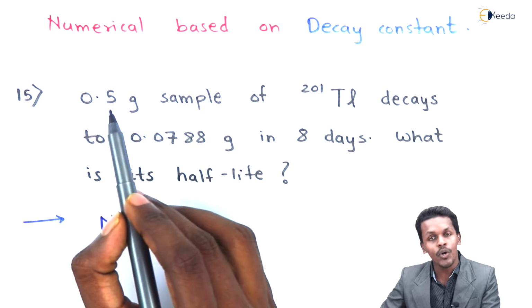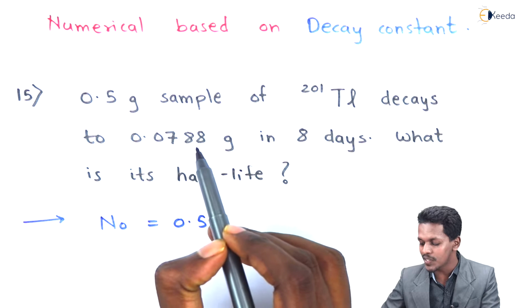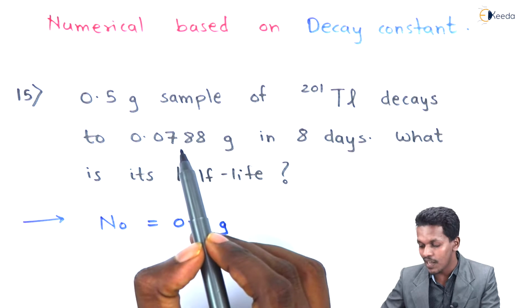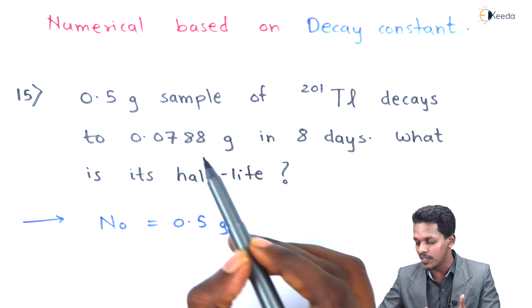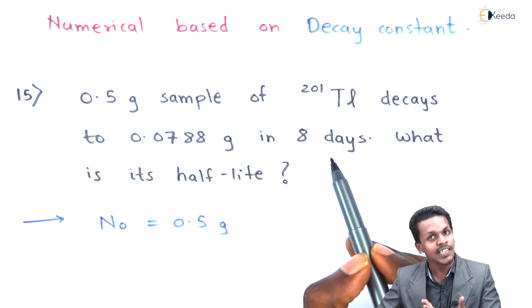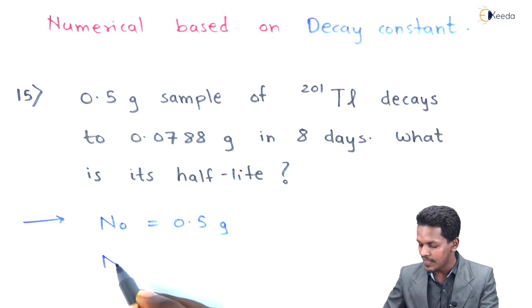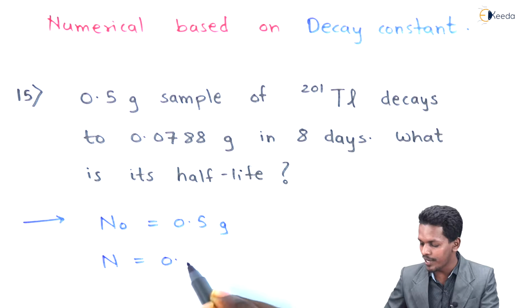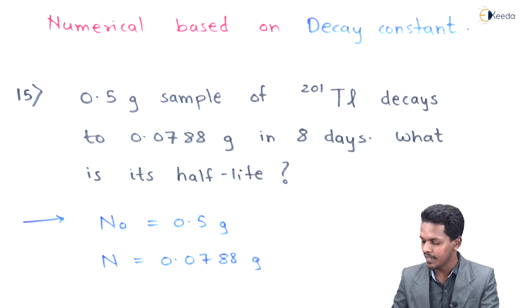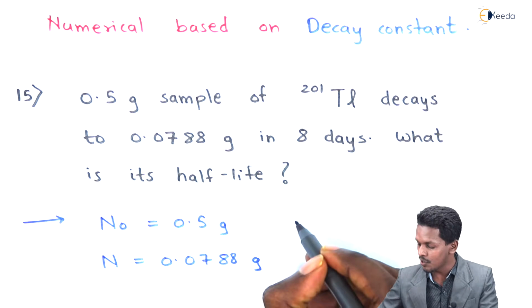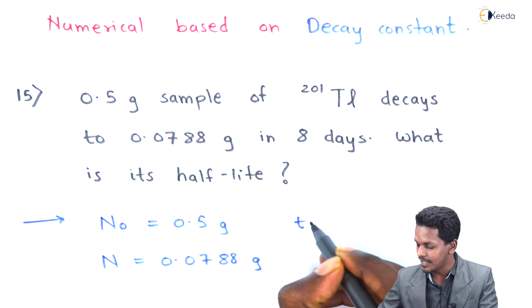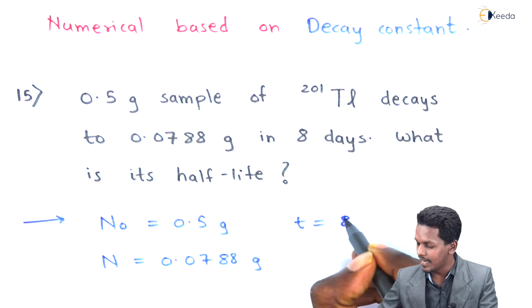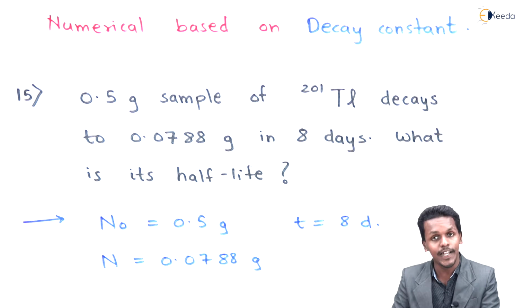Thallium decays from 0.5 gram to 0.0788 gram. This is the amount left after the decay in 8 days. So the value of n here is 0.0788 gram, and this change occurs in a duration of 8 days. So we could write the time here as 8 days. I will write it here as 8d.